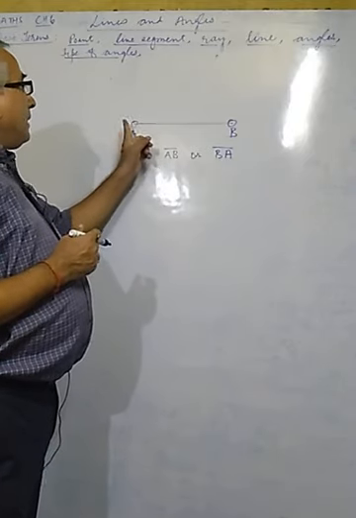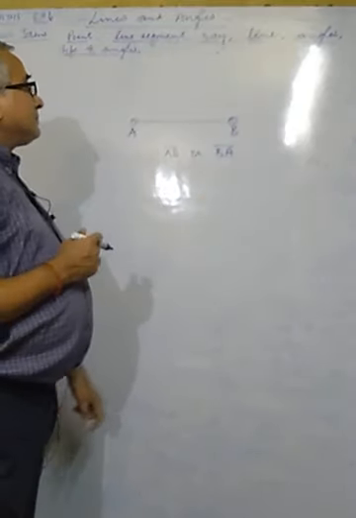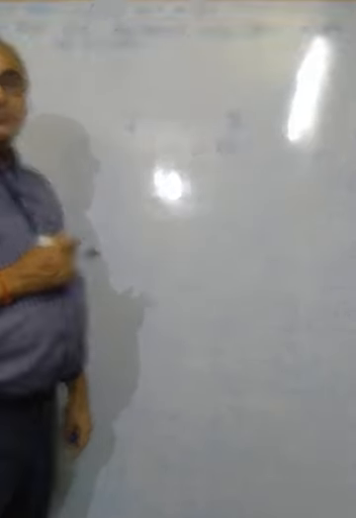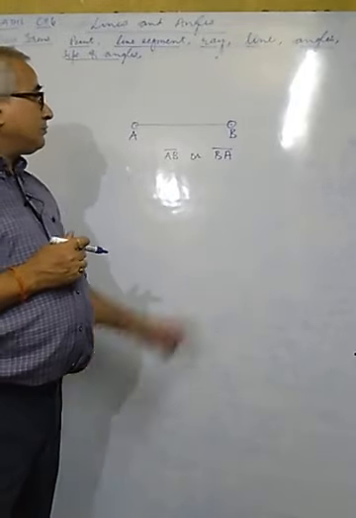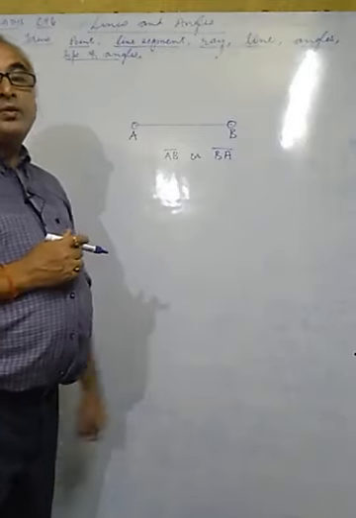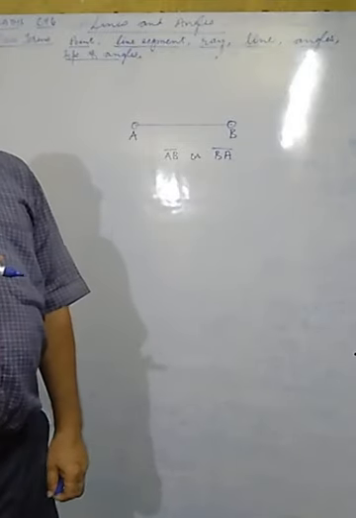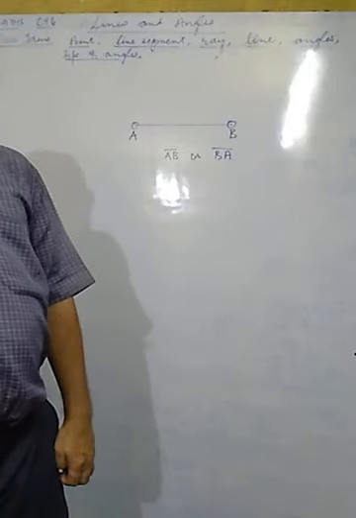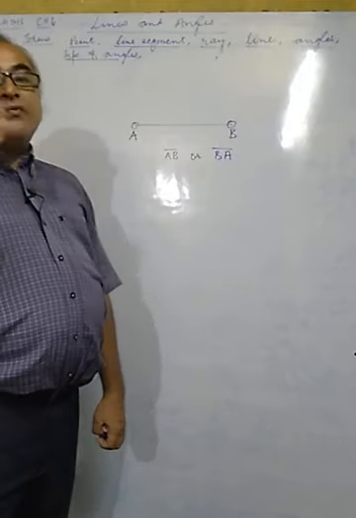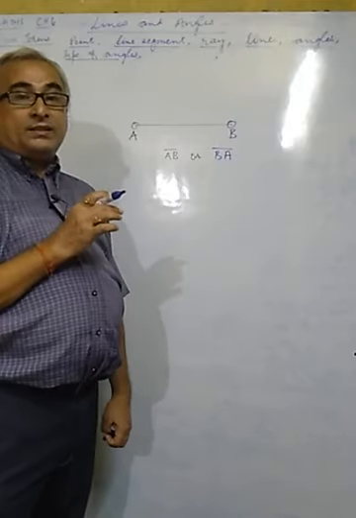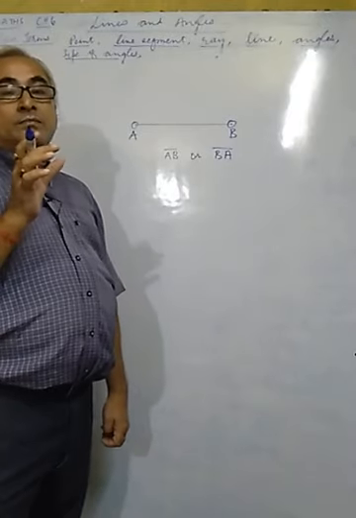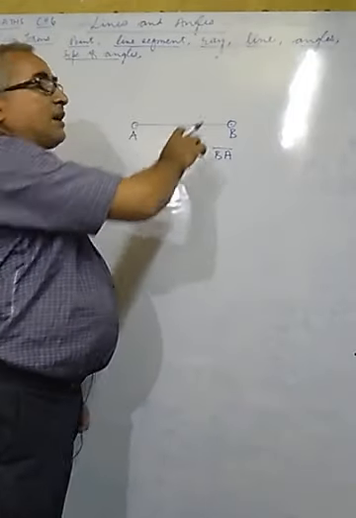In this way, how many points are there on a line segment? Can you tell me how many points are there? So there are infinitely many points between 2 points. An infinite number of points are there between the end points of a line segment.